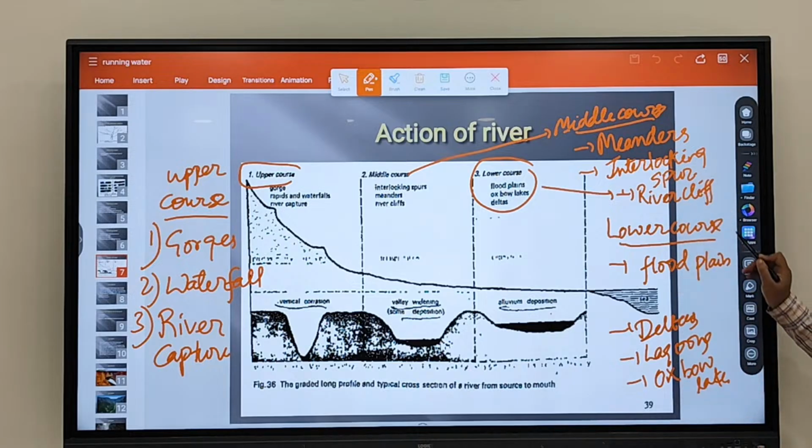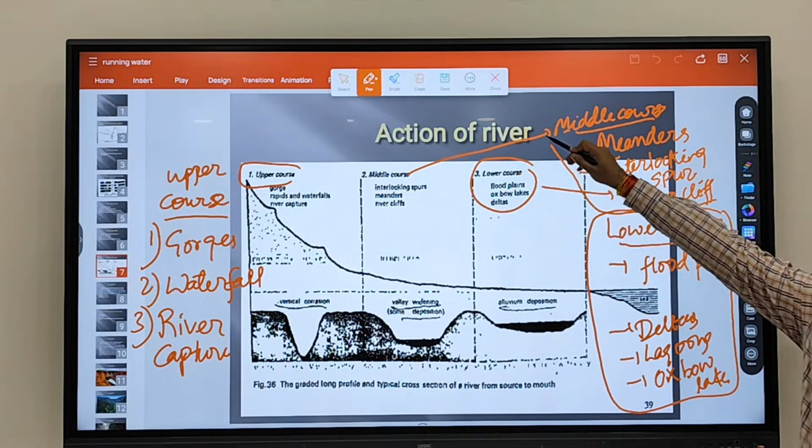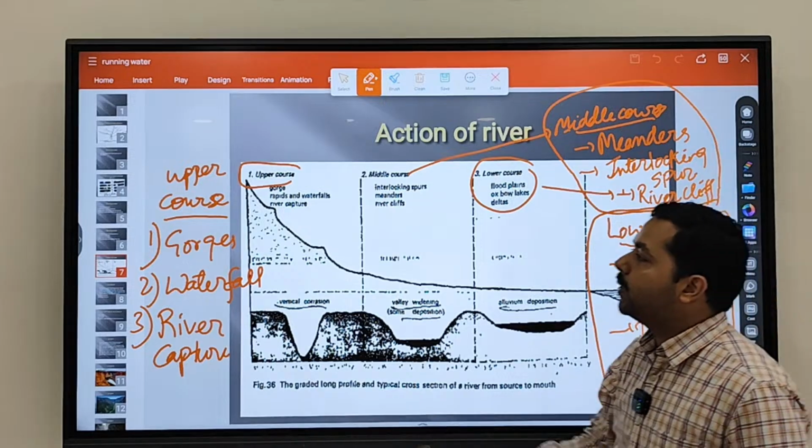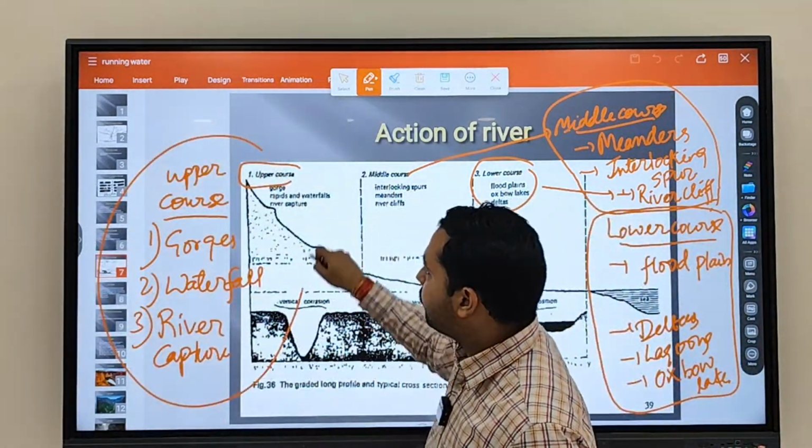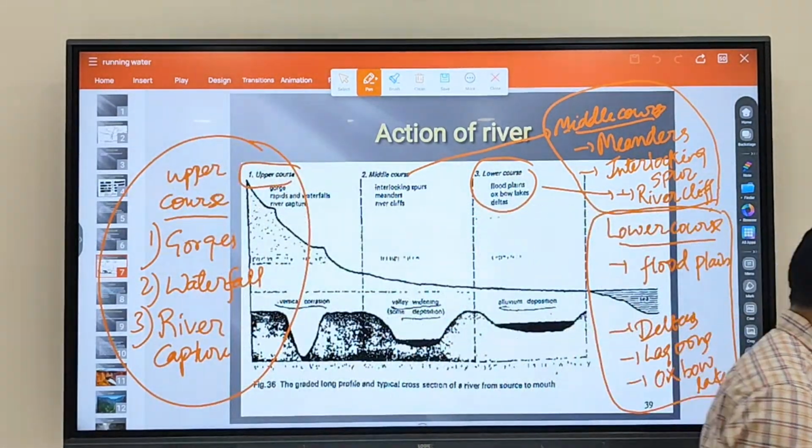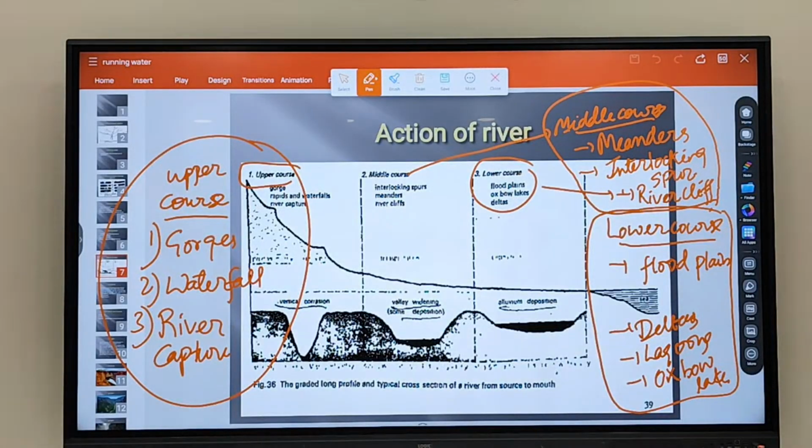Clear? So the question may come as to which is forming in the upper course, which in the middle course, or which in the lower course of a river. Fine.